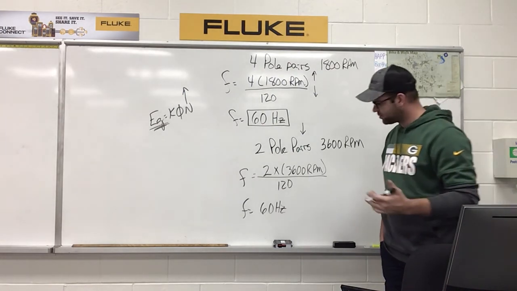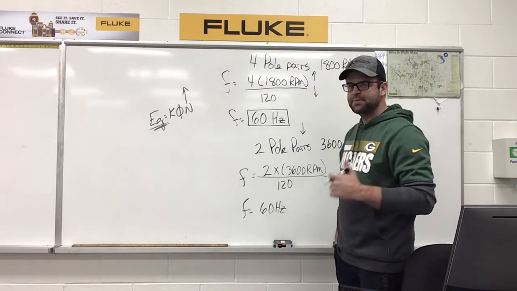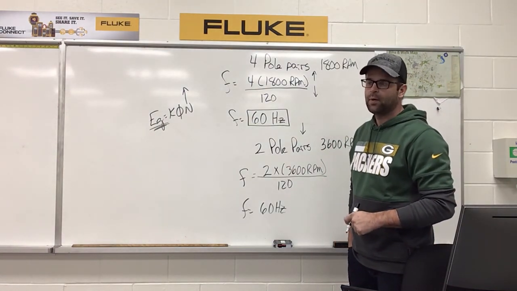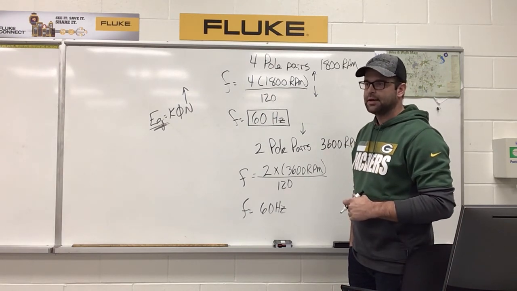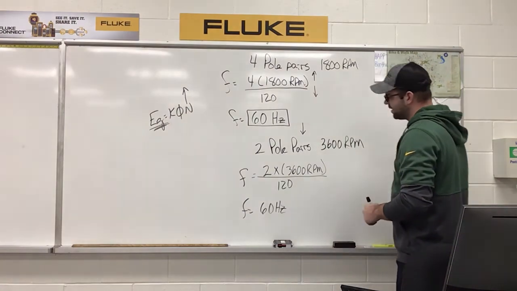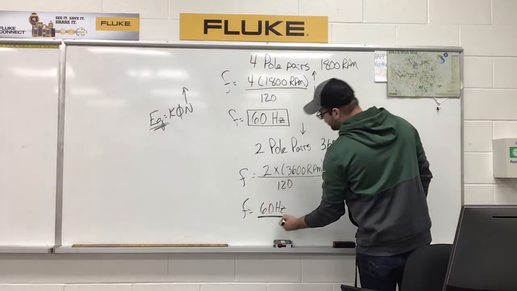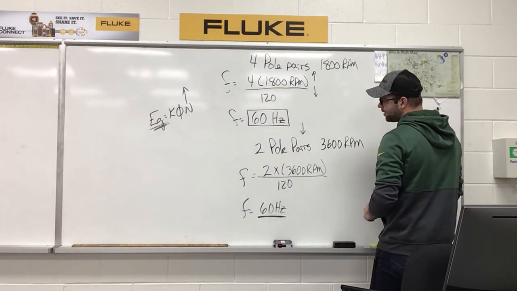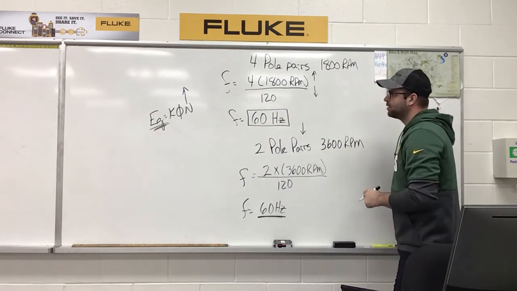Sometimes individuals think that the speed is a determining factor when synchronizing both alternators, that the speed always has to be the same. Well, if we look at this, we've got 60 hertz as our output on a 3600 RPM alternator, and we also have an output of 60 hertz when we have an 1800 RPM alternator.